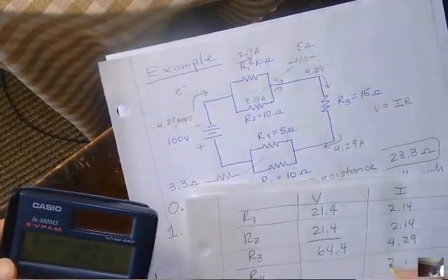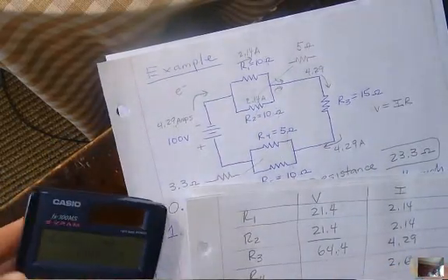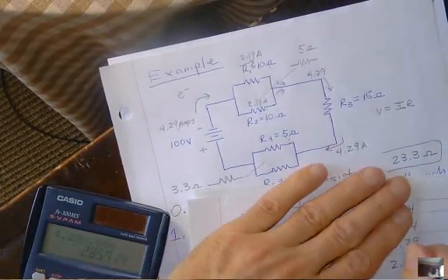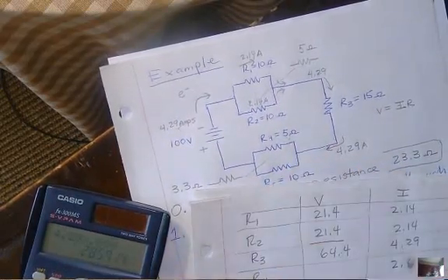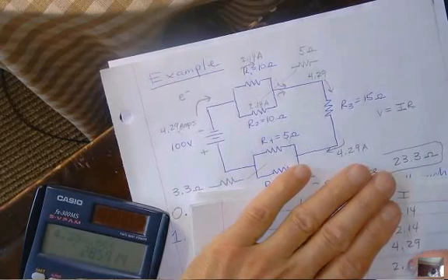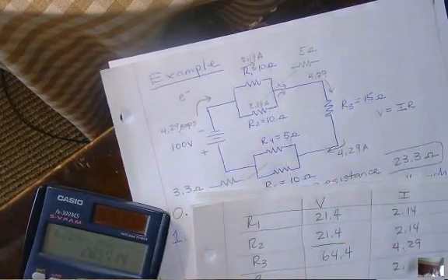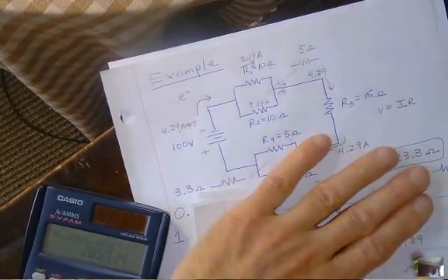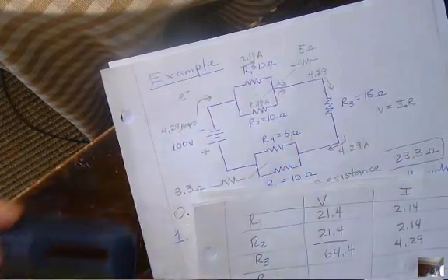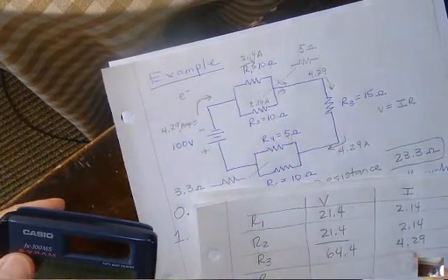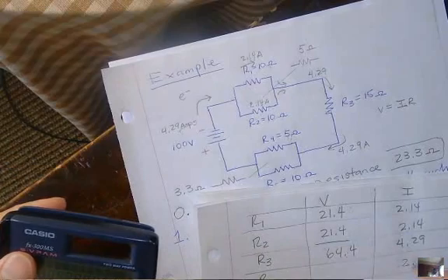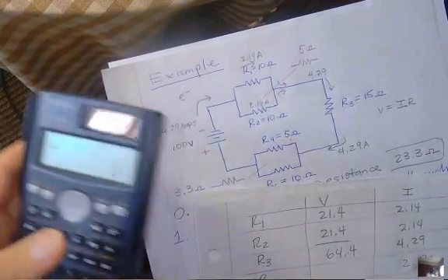So this one is 2.86. So more is going through there. 2/3 of it goes through there. And 1/3 of it goes the other way.